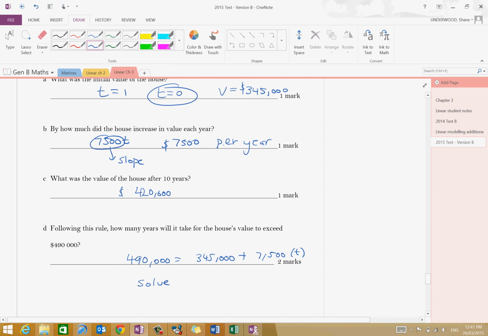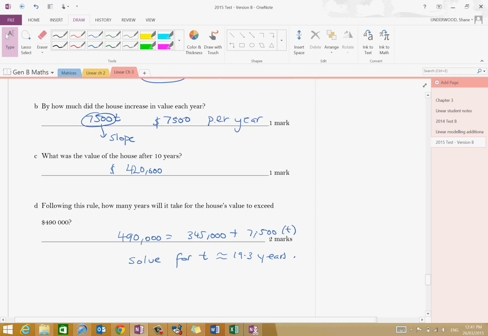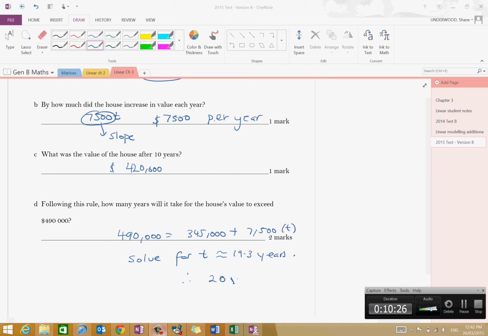You then had to solve for t, and what a lot of you would have got was approximately 19.3 years. What I would have accepted is that, or maybe rounding up, how many years would the house be worth over that? So therefore we could say 20 years rounded up. My pen's gone nuts, so I'm going to stop the video there.